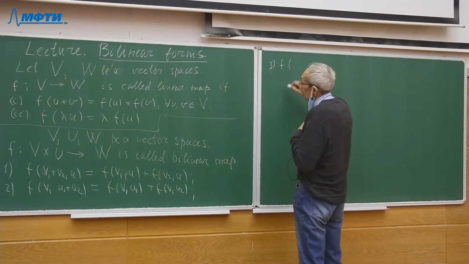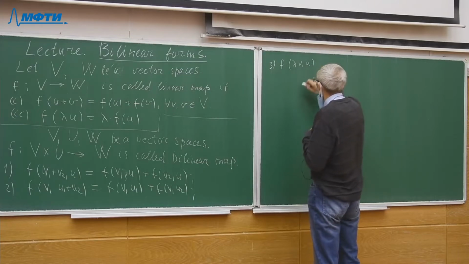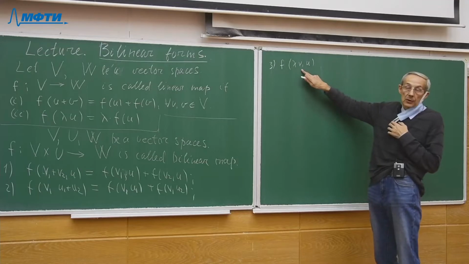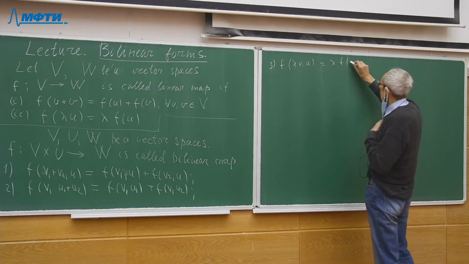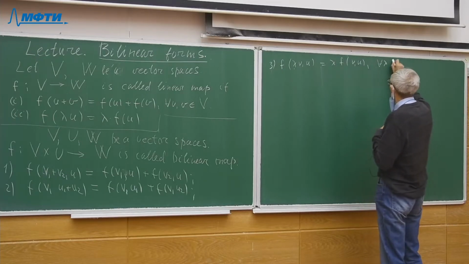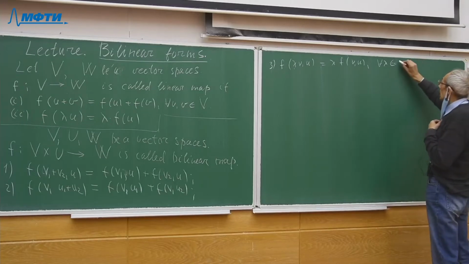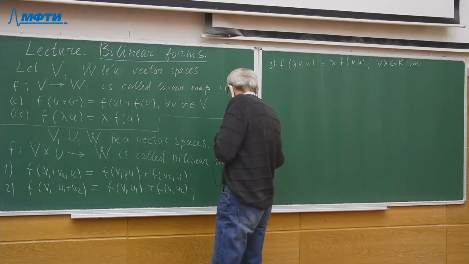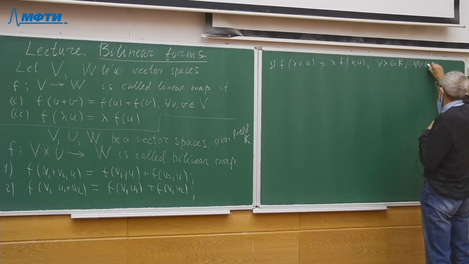Namely, if we apply our bilinear map to the pair lambda v, u, where the first element is a product of the scalar lambda and some vector v, we must obtain the product of this scalar and the image of the ordered pair v, u, for any lambda from the basic field k, this vector space over field k, any v from V, any u from U.